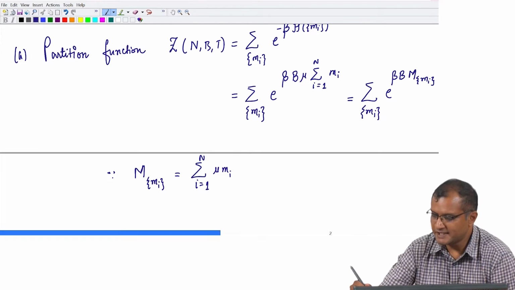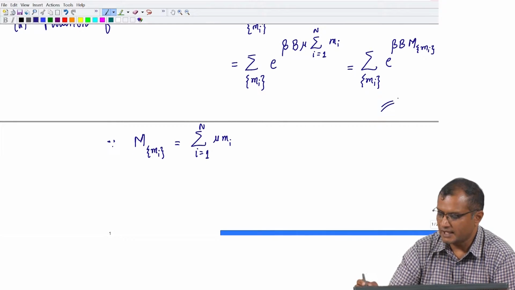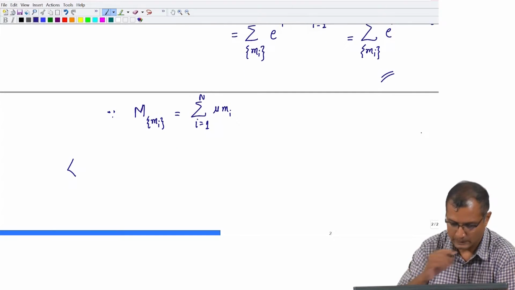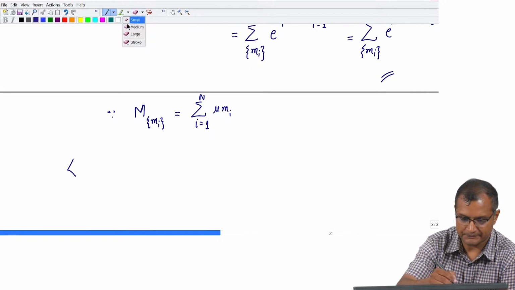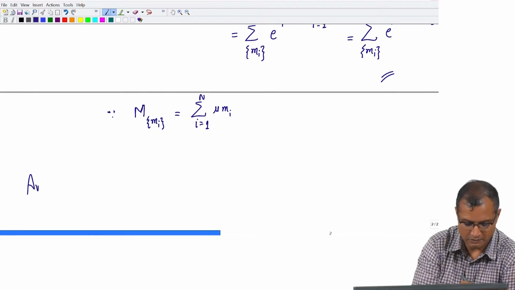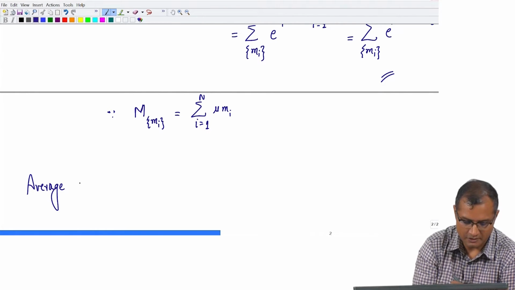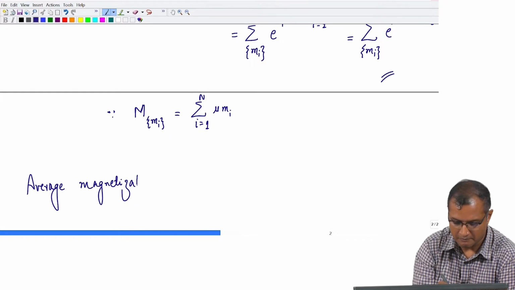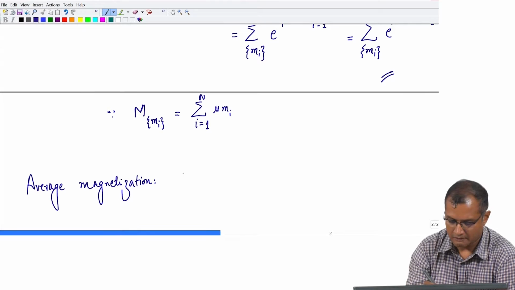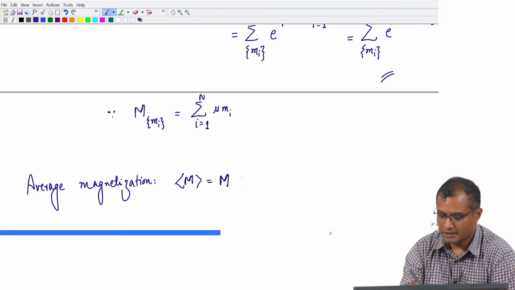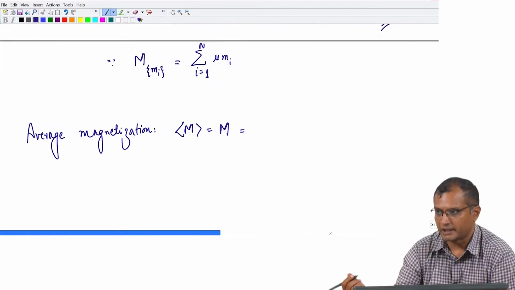So, the preceding equation allows us to write down the average magnetization, which is nothing but m, or within angular brackets m.